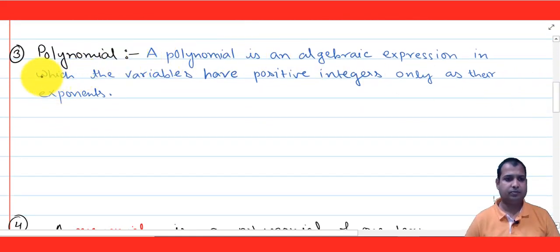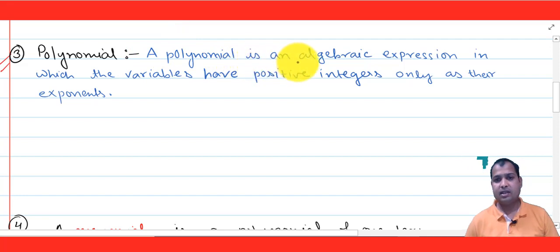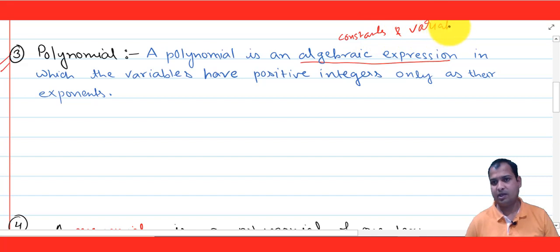Now let us see what do we mean by polynomial, okay. So definition is a polynomial is an algebraic expression. So algebraic expression means, just now I explained, algebraic expression means it's a combination of constants and variables, okay, where these are connected by this sign, plus or minus or multiplication or division.